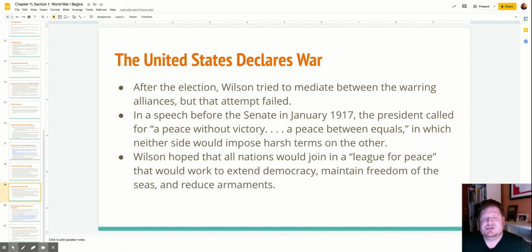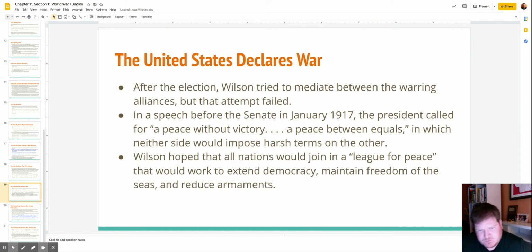After the election, Wilson tried to mediate between the warring alliances, but ultimately that attempt failed. We see in a speech at the Senate in 1917, the president called for peace without victory, a peace between equals, in which neither side would impose harsh terms on the other.